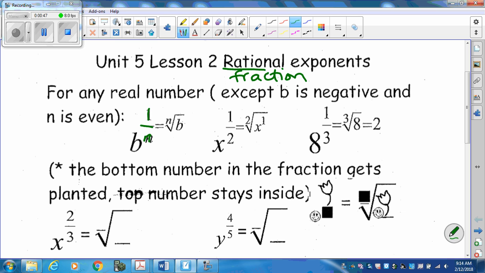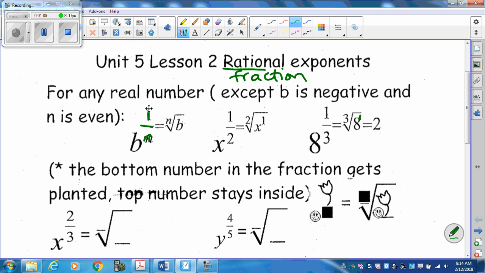So here we have x to the 1/2 power is the square root of x to the first power. And you see that 8 to the 1/3 power is equal to the cube root of 8 to the first power.